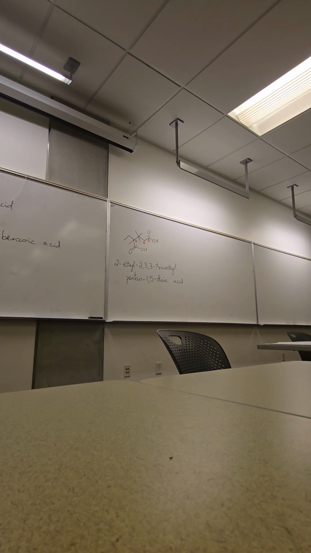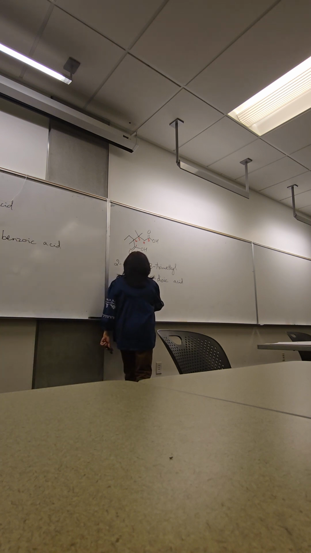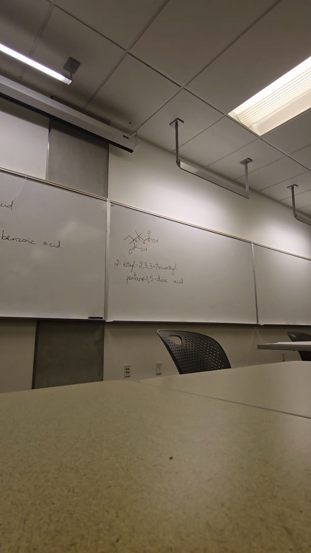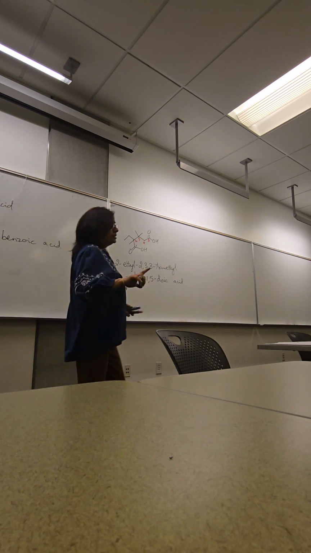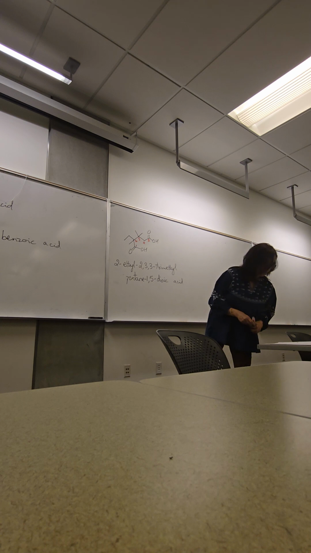Do we need the E for it? Yes, we do. This is just a dioic acid because it's not cyclic. Yes, we do need that E because there are 2 of those. Absolutely. Is this okay with everybody? Next one.